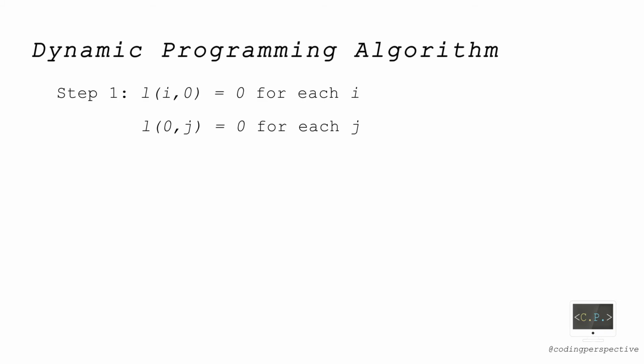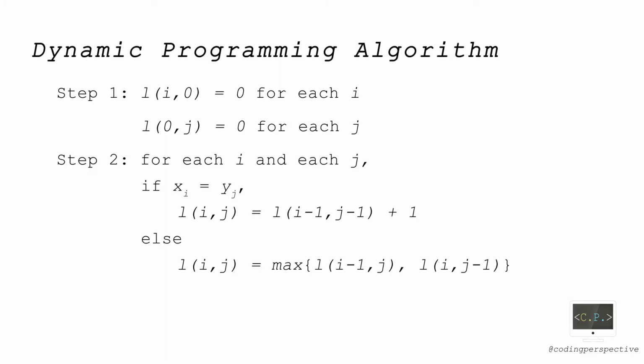In the first step of the algorithm, we initialize L(i,0) for each i from 0 to n and L(0,j) for each j from 0 to m as 0. Then we iterate over each element xi of x and yj of y in a nested loop.